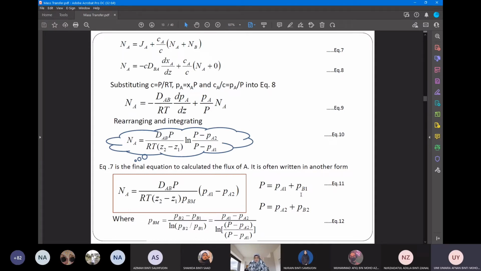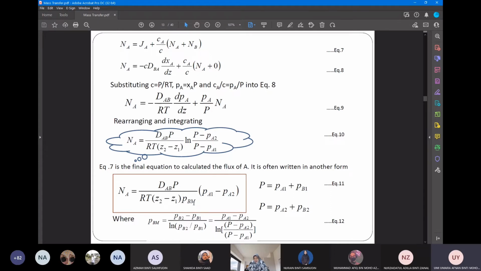Based on that, you can have another equation which involves PBM. What is PBM? PBM is given by two equations. One is in terms of component B, another one is in terms of component A. You can use either of these as long as you have the information to do the substitution for PBM.